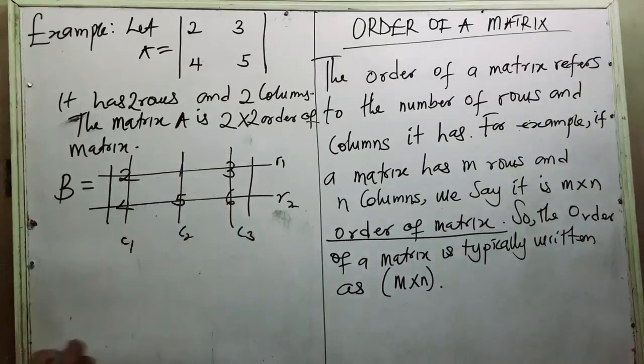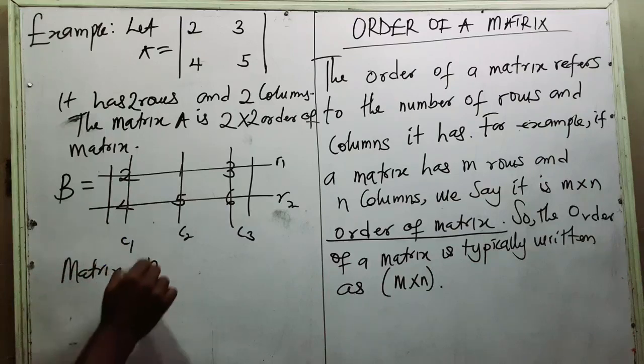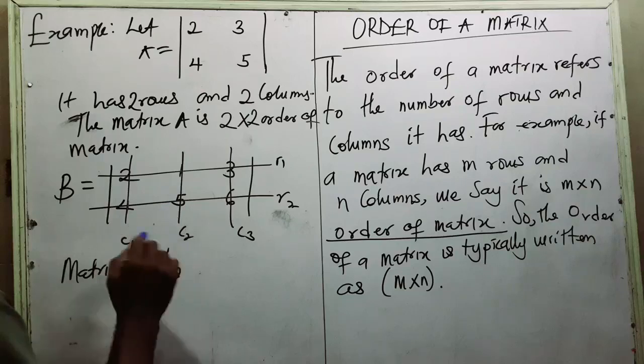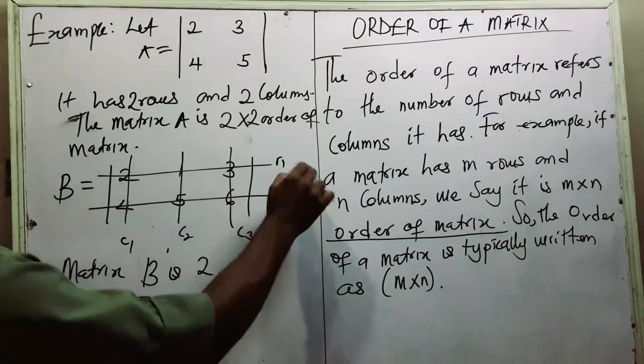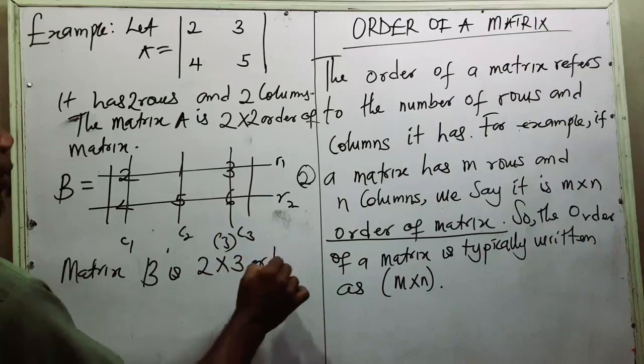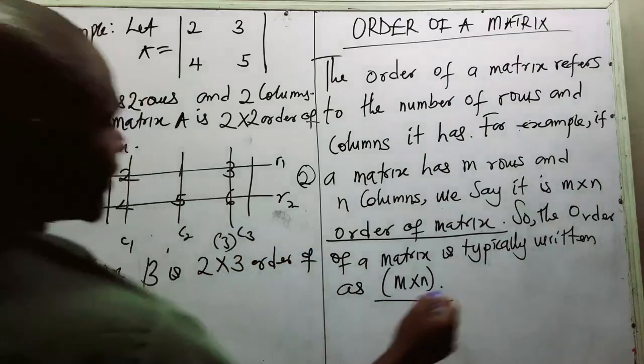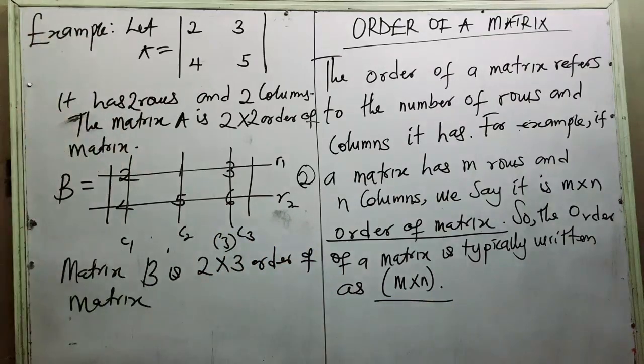So in getting the order of this matrix, we say matrix B is 2 by 3 order of matrix, because this is 2, this is 3. This is the formula for order of matrix, telling us that matrix B is 2 by 3 order of matrix.